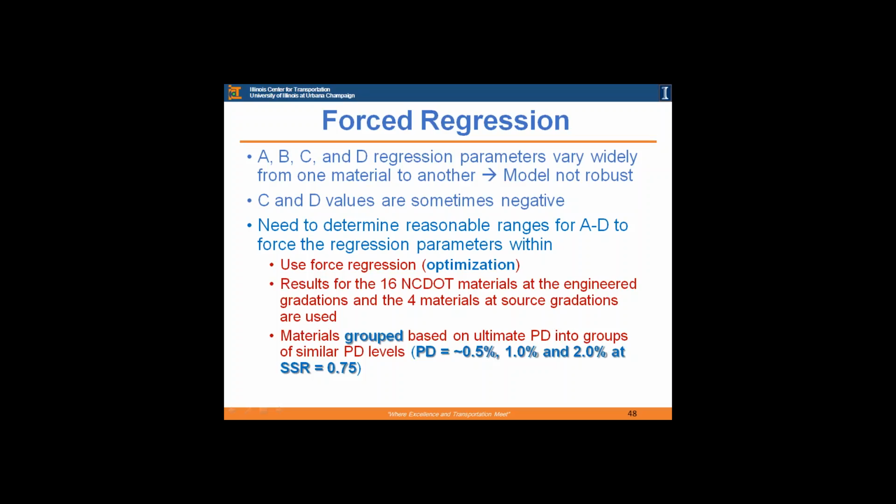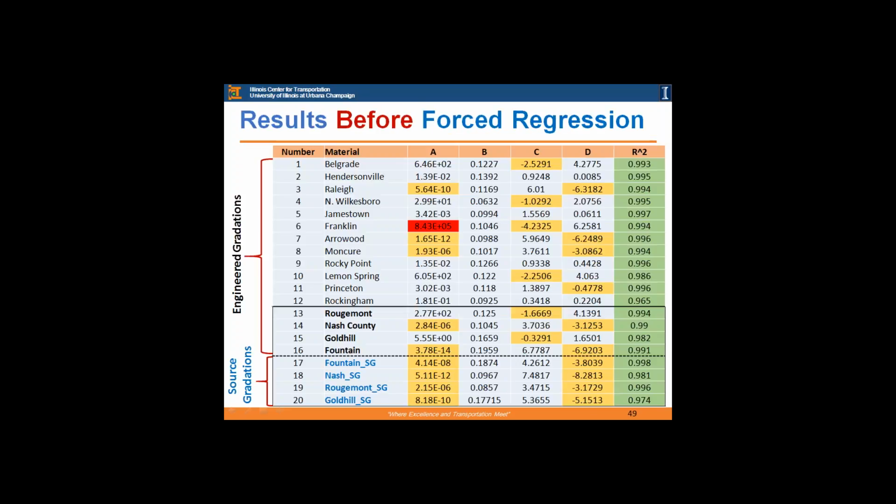We used the results from the 16 different materials at the engineered gradation and the 4 materials at the source gradation, and we grouped those materials so that the materials that had similar levels of permanent deformation were grouped together based on the ultimate permanent deformation levels. Then we ran a regression analysis for all these grouped materials together. The idea behind that is to have more data points for our regression run, so that we can actually get better correlation to the ABCD values.